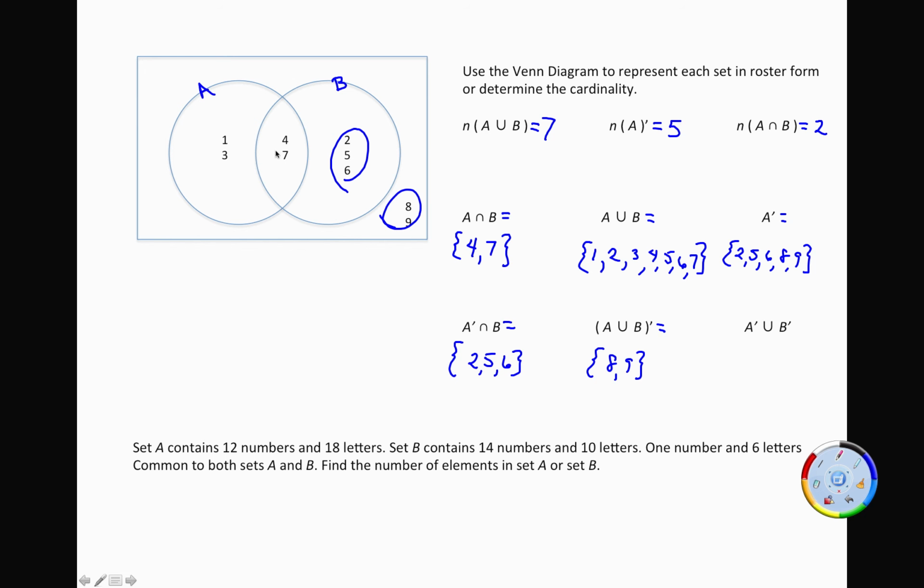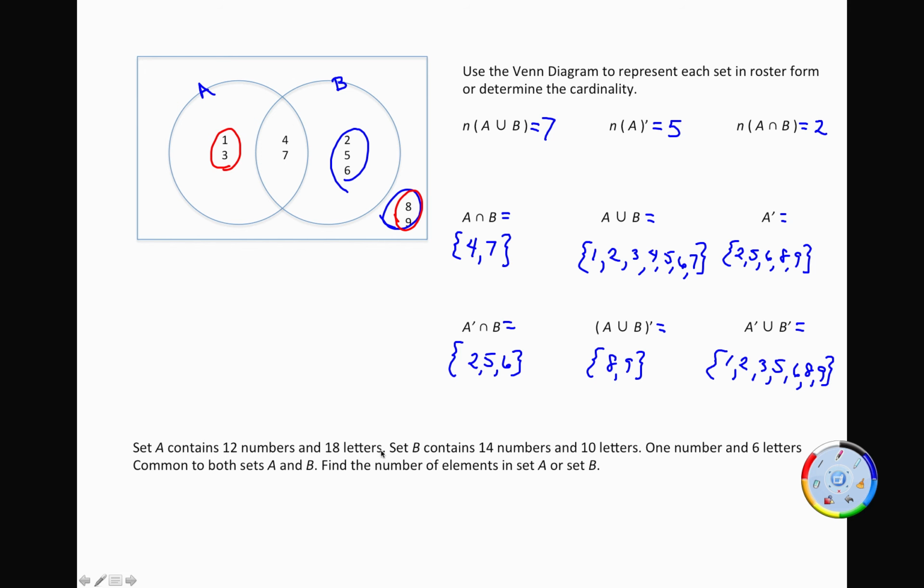Here's my circle of B. So these elements are not in B. Okay, now remember what it means to be or. It means it can be either this stuff or that stuff, or both. So everything that's circled up there would go in this set: 1, 2, 3, 5, 6, 8, 9.